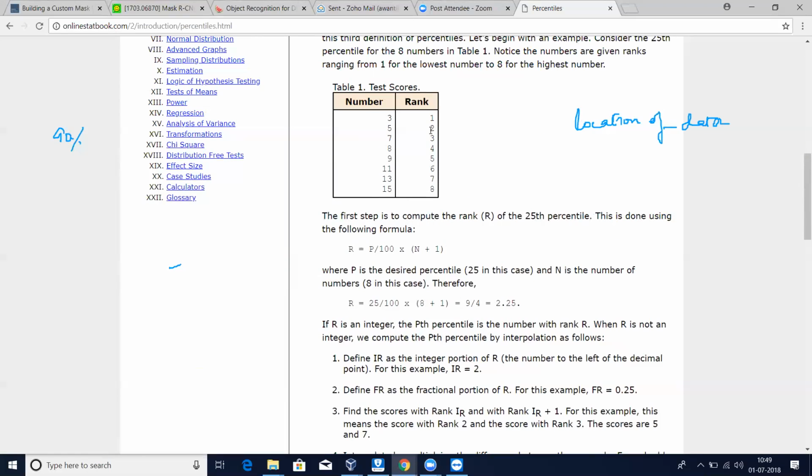Understood, right? Okay, so if you have to calculate the 100 percentile, what will you do? 100 divided by 100 is 1, into n, which is 8 plus 1, so 9.